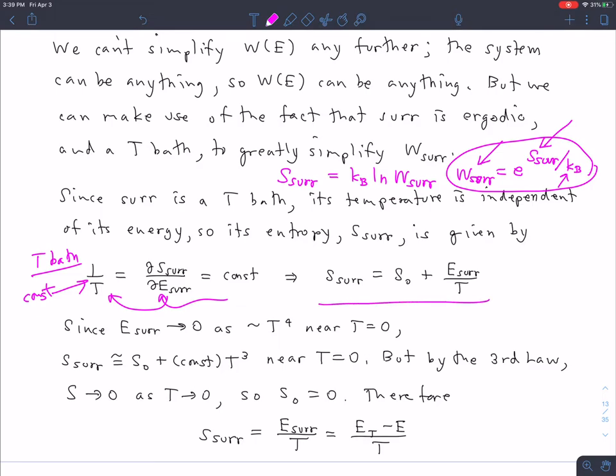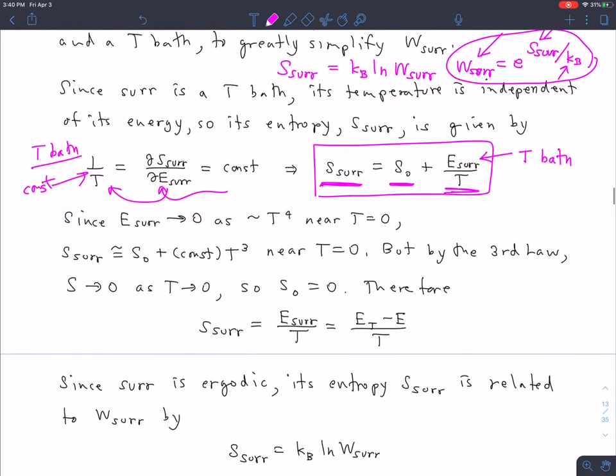And if we do, we get that the entropy of the surroundings is equal to some constant, some offset, plus the energy of the surroundings divided by T. A very simple expression. It applies only because we said that the surroundings act as a T-bath. If the surroundings were not a T-bath, then this simple expression wouldn't work. It also probably doesn't work if we get to too low of a temperature, but we'll see we can avoid that problem.